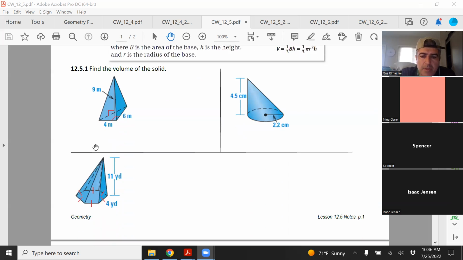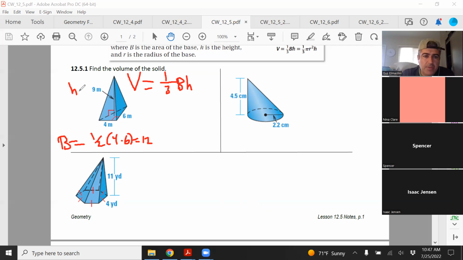So here we're just supposed to find the volume, just work it out. Shouldn't be too hard. The base is a triangle. So you get 12 for the area of the base. 4 and 6 automatically act as the base and height of that triangle because they form a right angle.